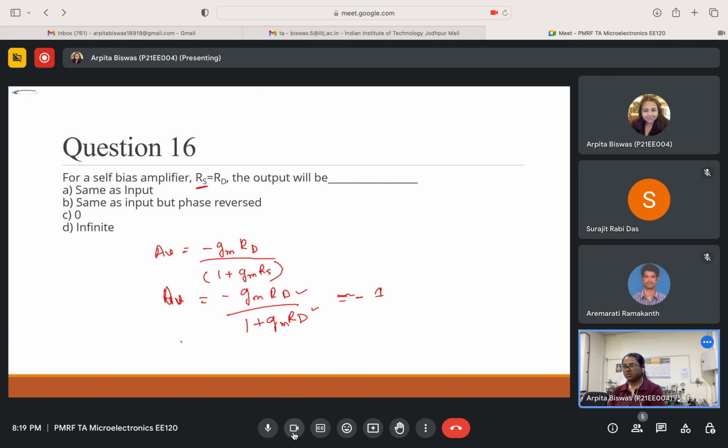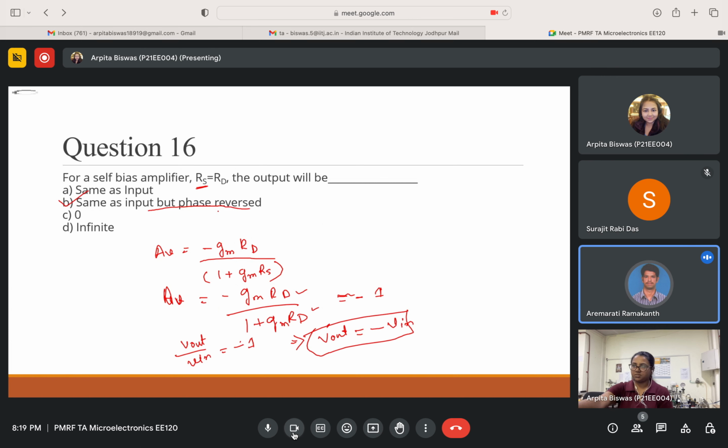So in the case of AV, which is V output by V input, it is minus 1. So V output is minus of V input. So the second option is correct, same as input but phase reversed. Okay. Ramakant, is it clear?